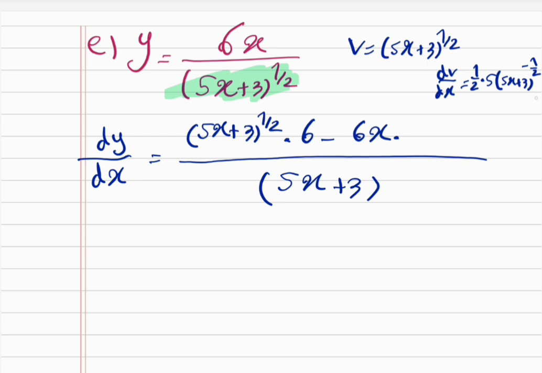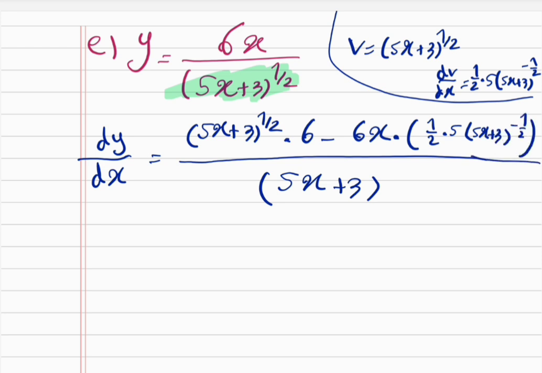Now we need to apply that in this quotient rule question. So we are going to have 6x, remember 6x was the u function, times the derivative of the denominator function, which we found is a half times 5 times 5x plus 3 to the power of minus a half, and close the bracket.